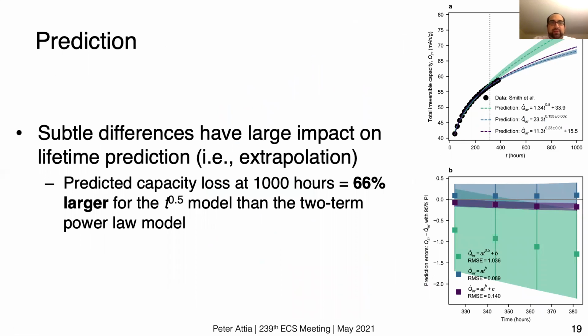And lastly, I think we want to think a bit about prediction here. So obviously a big motivation for understanding the growth dependence is to extrapolate. Maybe you could say, okay, who cares about 0.45 or 0.5, but to predict very long lifetimes, these subtle differences can make a big impact.